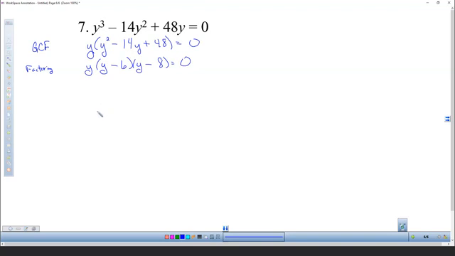And so now I'm going to set my factors equal to 0 and come up with my solutions. So I want you to send me in a private message. I need everybody to respond with the solutions to this. Make sure you send it just to me, not to everybody, because I want to make sure that each of you gets this before we go on any further. Okay? The solutions now.